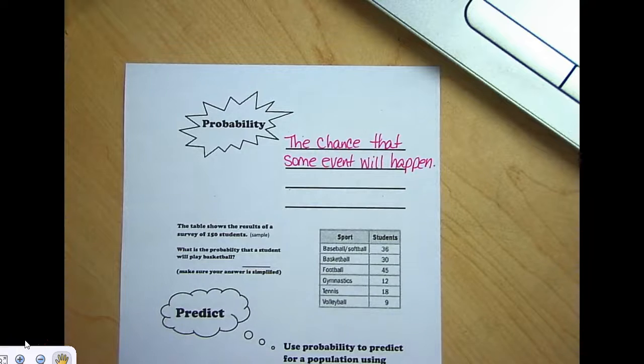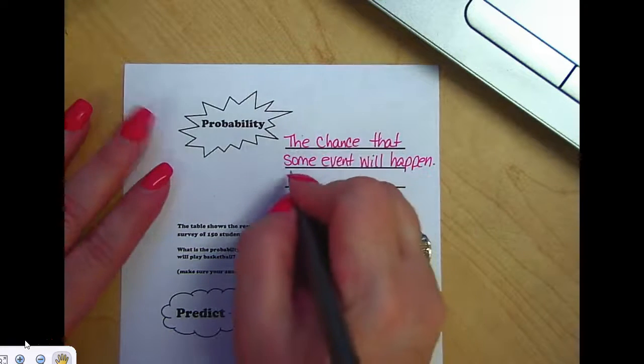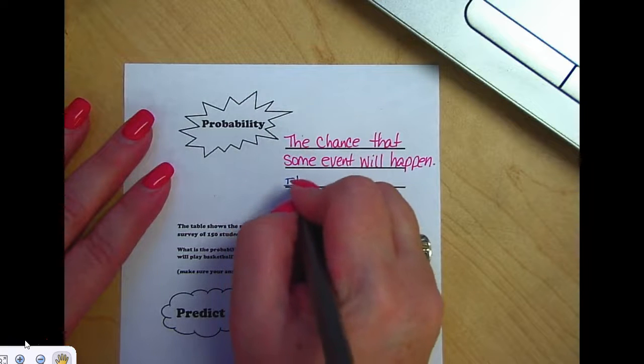And in math, it's the ratio of the number of favorable outcomes to the number of possible outcomes. And we'll talk about what that means in just a minute. But it is a ratio.